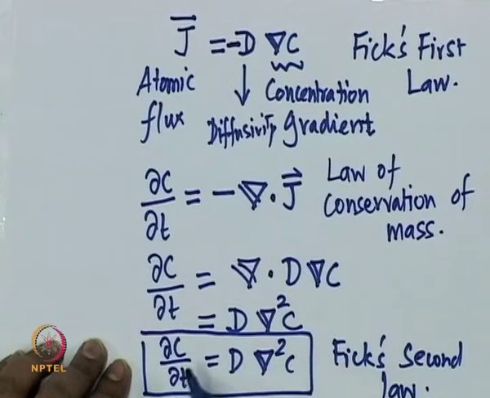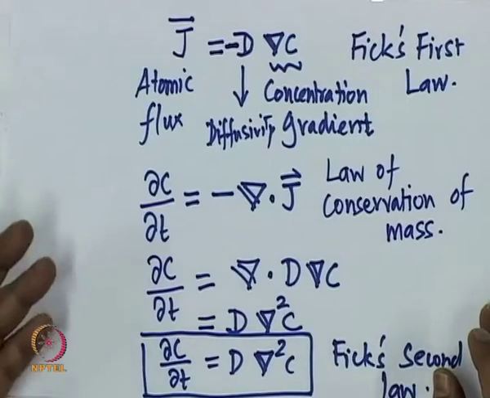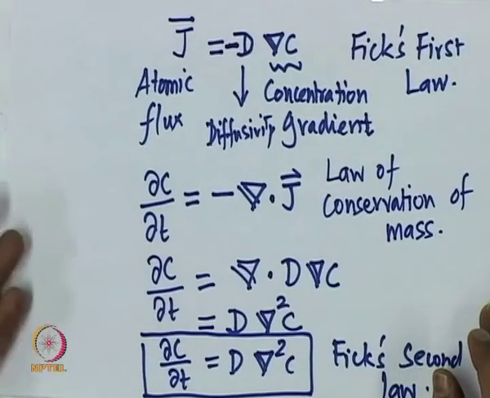Okay. So, this is called Fick's second law, or the concentration time dependent diffusion equation. Okay. So, it basically describes the rate of change of concentration at any point, how it evolves is what this one describes. Okay.